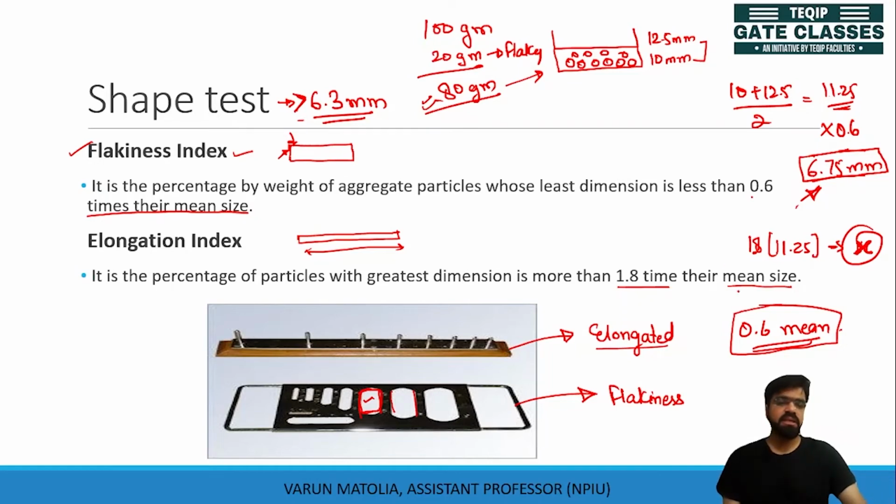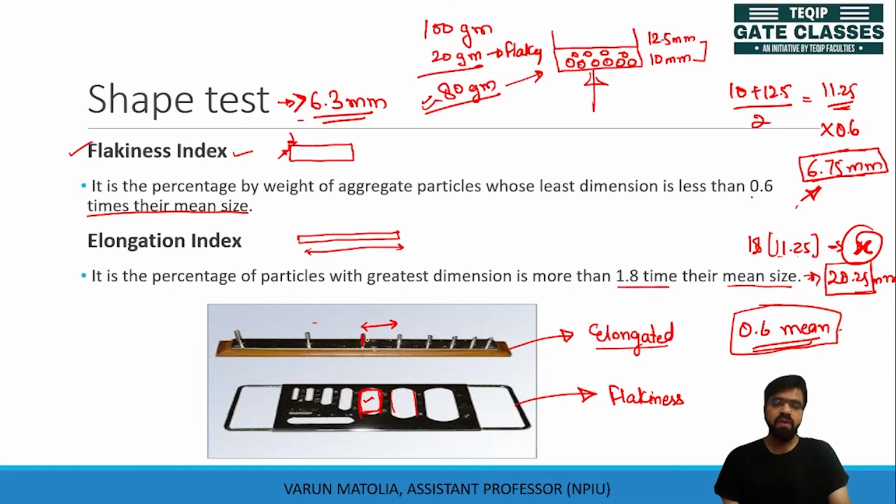Let us say it is 20.25 mm. So for these particles, we don't want any of the dimensions to be more than 20.25 mm. So these slots are provided. The length of this slot is equal to 1.8 times your mean size, with different mean sizes for different sieve arrangements.